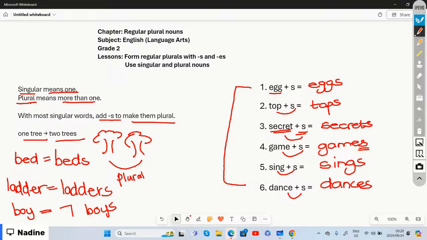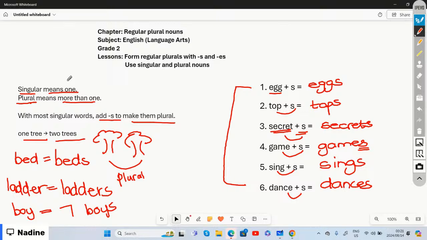All right, so now we're going to aplusstudents.ca, and we're going to continue with our lesson on how to form regular plurals with S and ES, and to use singular and plural nouns. Before we go on, we said singular means one. It refers to either one person, one animal, one place, or one thing.